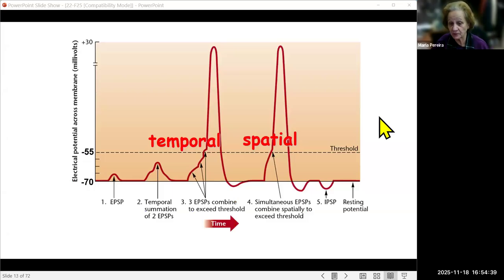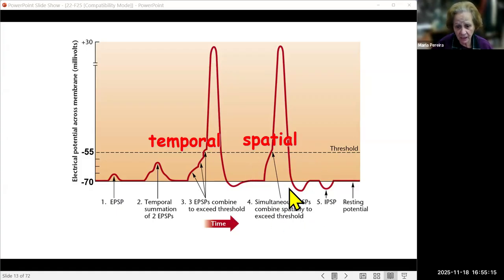So if we want to represent this graphically, here we have an EPSP, an excitatory postsynaptic potential. And this one is a local potential. It goes nowhere. It stops because it's not strong enough. But now, if you add up 2 and 3 at the same time, frequent stimulation, you add up, you reach threshold, and then you have the spike, the depolarization to plus 30 millivolts.